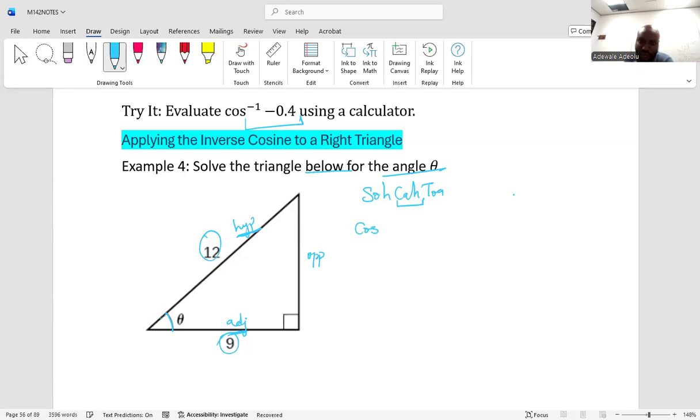So I can write cosine of angle theta is adjacent over hypotenuse. That is, cosine of theta, which is what I'm looking for, is adjacent 9 divided by hypotenuse 12. So cosine of theta, I can reduce that, is 3 over 4, right? 3 over 4.